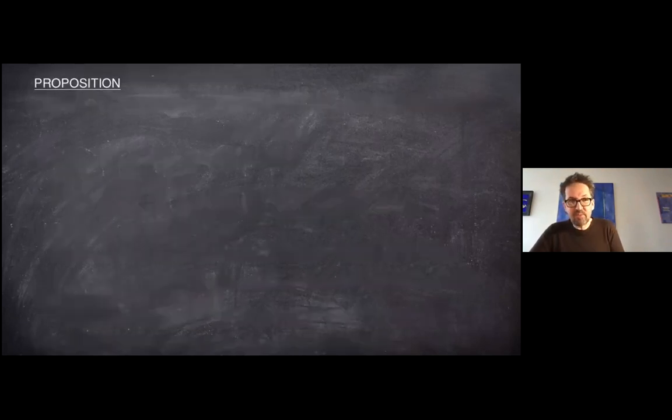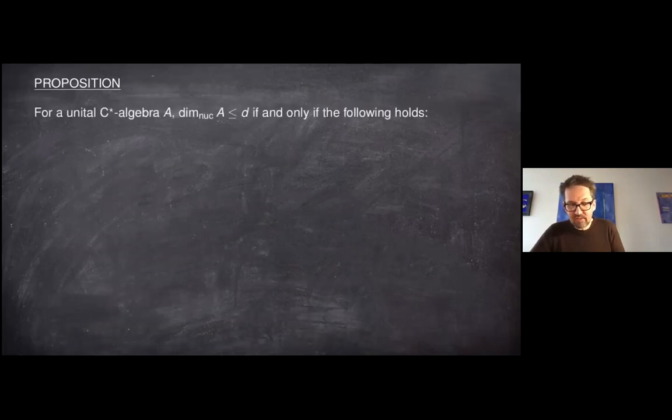So here's a proposition. It's a one-sided version of this, and it has been used implicitly on a few occasions, but I don't think it's explicitly in the literature. Let me state this in the unital case. There's a non-unital version, but it's a little more complicated to state.